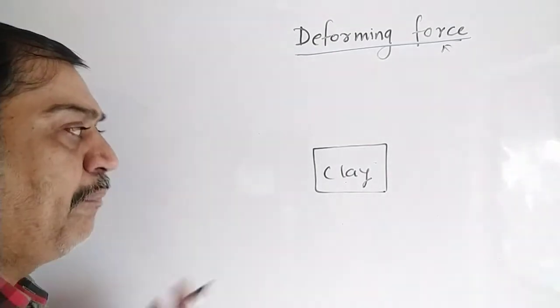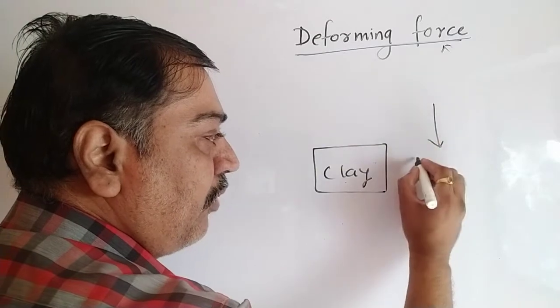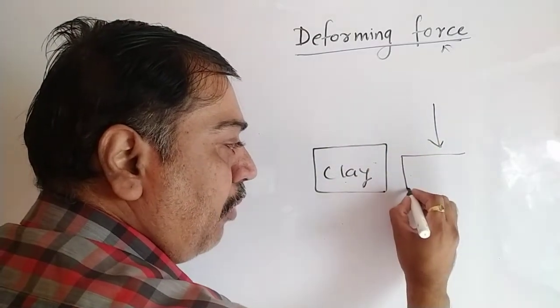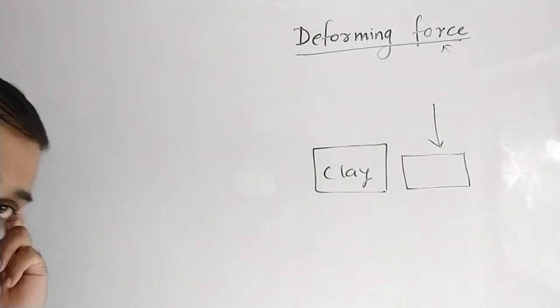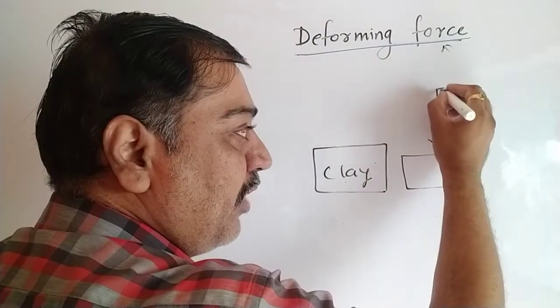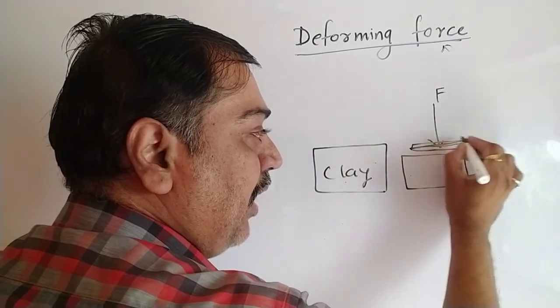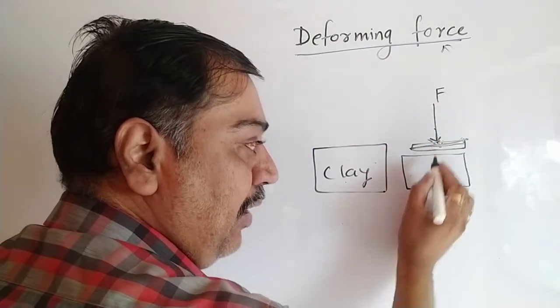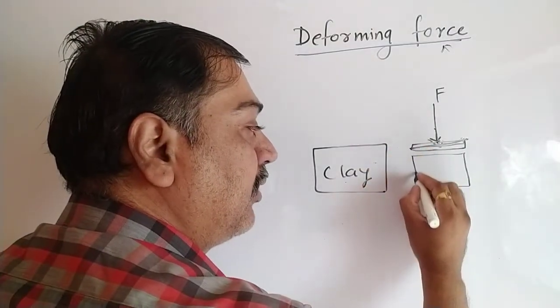Now what we have done, we have applied some force from the top part. If we apply the force uniformly, I have made one plate like this, and we have kept it on this clay and applied the force on the plate.